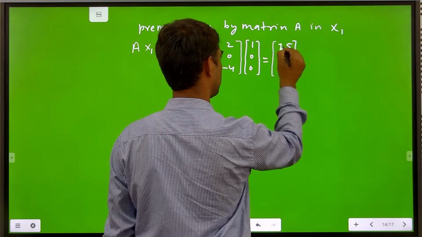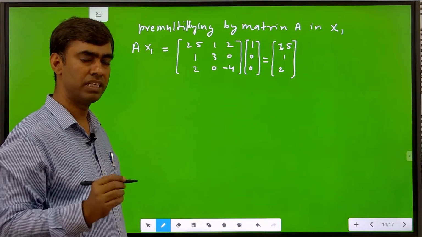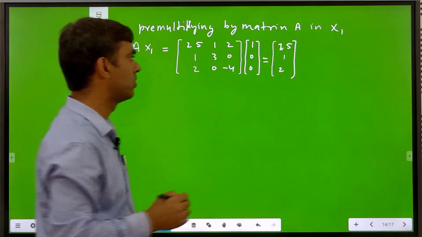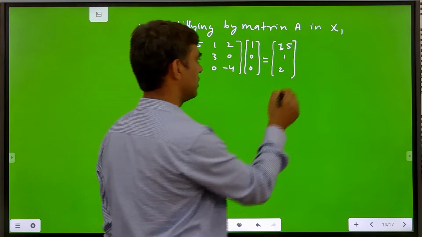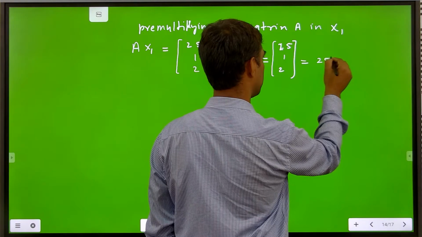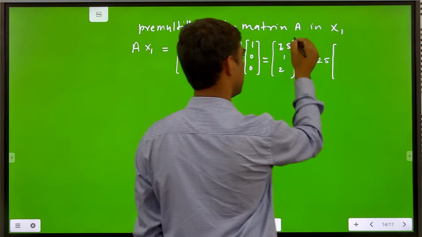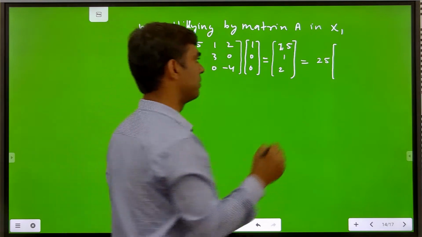In order to normalize the numerically largest value of this eigenvector, in order to avoid round off error, we take 25 outside and divide all the elements by 25.